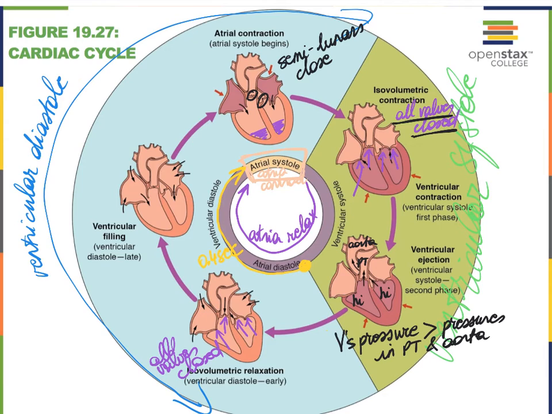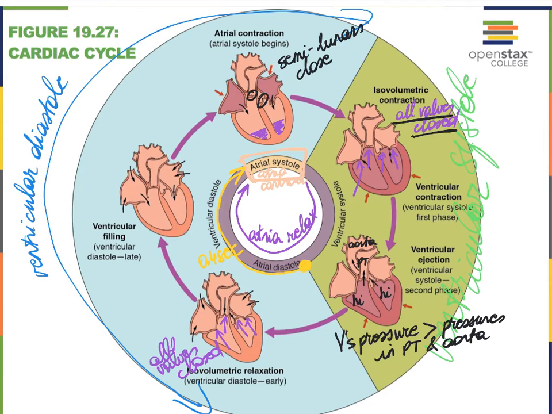So what is so crucial for you to understand in this diagram is the fact that blood always flows from an area of high pressure to low pressure. And the pressure is manipulated by the heart. When the atria contract, the pressure in the atria rises such that the blood literally is moved from the atria into the ventricles.